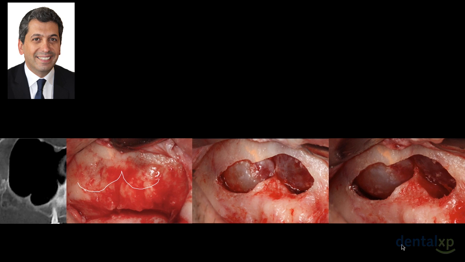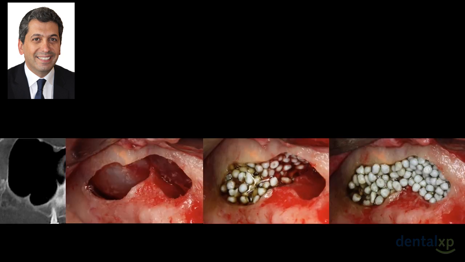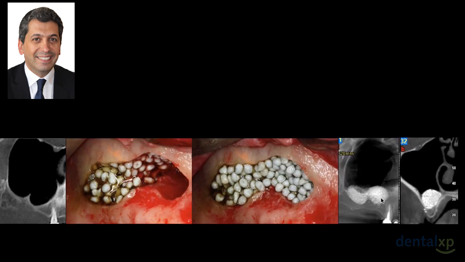We have to be very patient in this process until we can elevate the whole membrane, and you can see the septum, very sharp like a blade, in the middle of the sinus. Then we fill the first compartment that is distal to the septum. We fill the second compartment that is mesial to the septum, and you can see radiographically how we could predictably achieve a complete fill of our sinus.